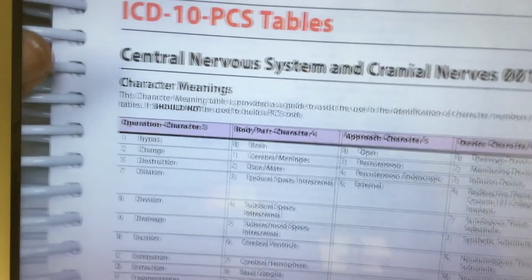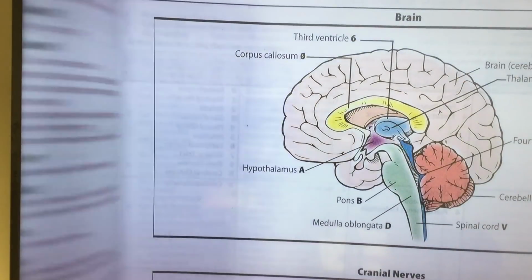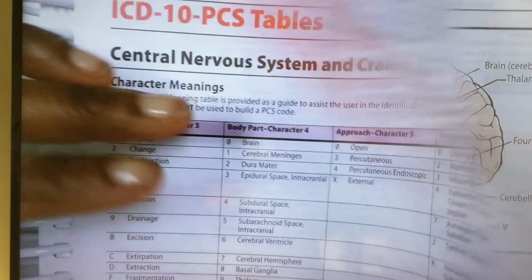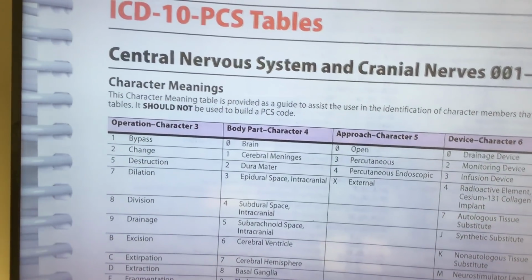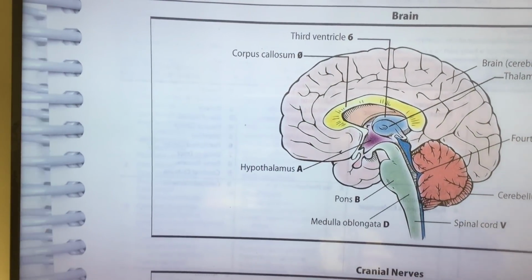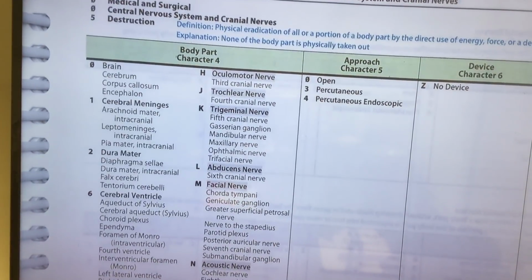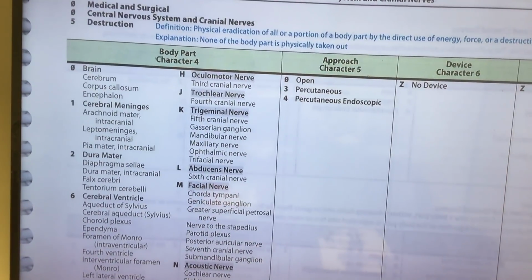After that, you have what are known as the ICD-10-PCS tables. And before you get to the actual tables, it usually starts off with some anatomical diagrams. And so you see here, a diagram of the brain. And then you go into what's known as your table.